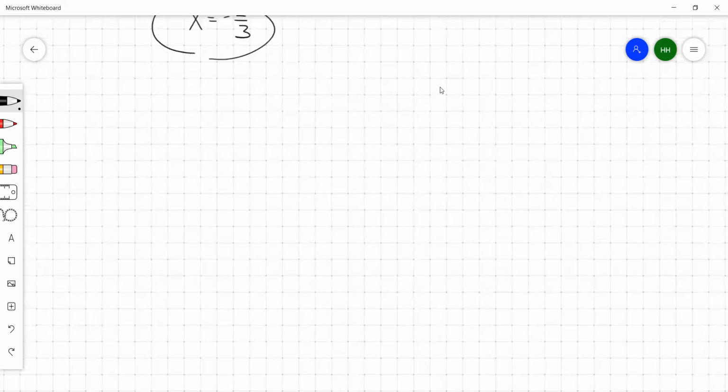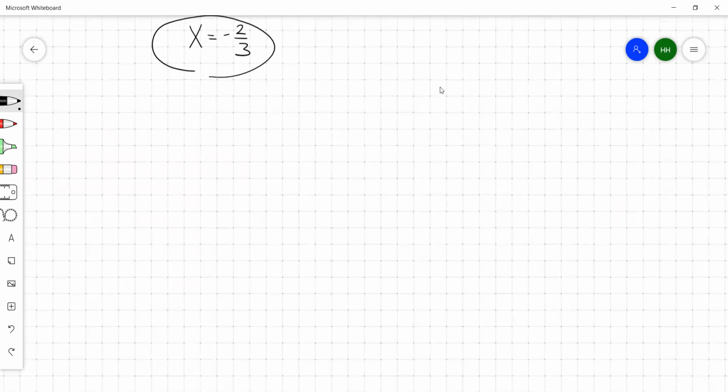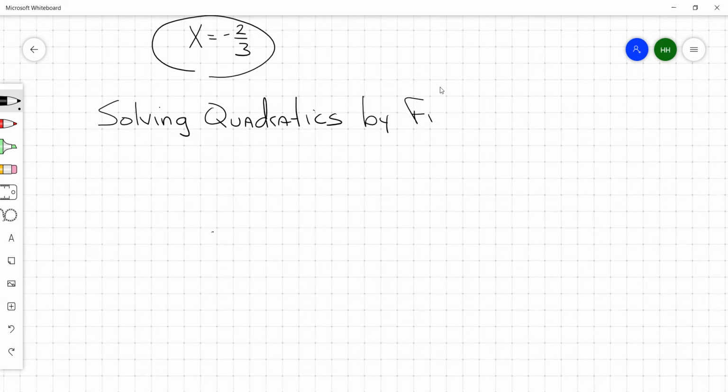All right, so yesterday we solved those equations by factoring. Today we're going to be solving quadratics by finding square roots and a technique called completing the square.